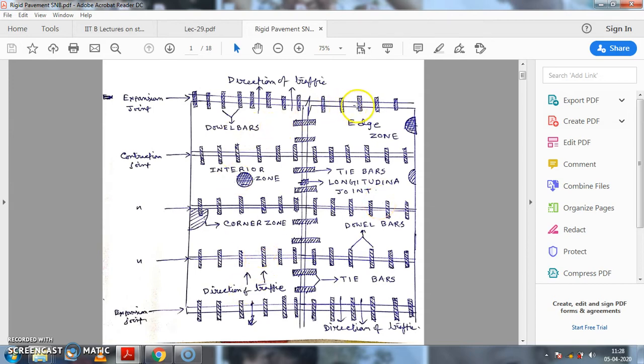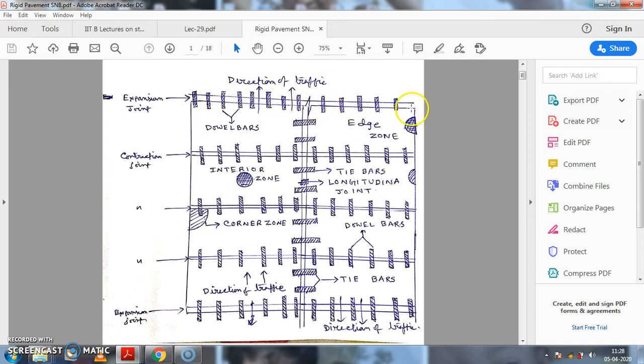Now, mainly in a rigid pavement, there are two types of joint. First of all, that is transverse joint, and second one is longitudinal joint. Under the transverse joint, we get expansion joint and contraction joint. But here we are only bothered with expansion joint.